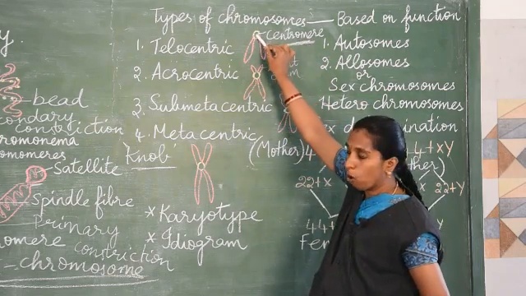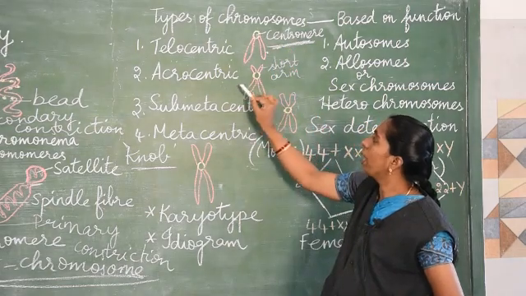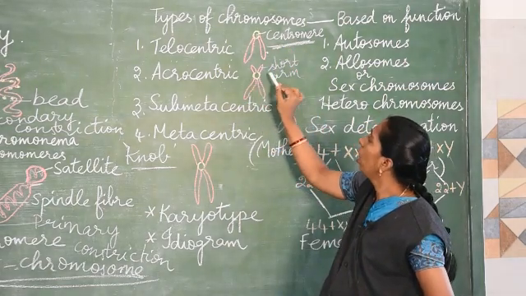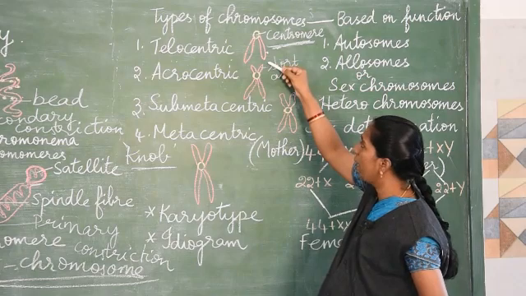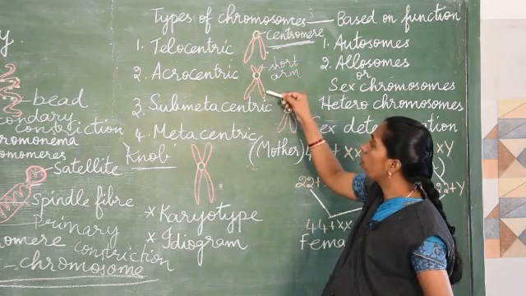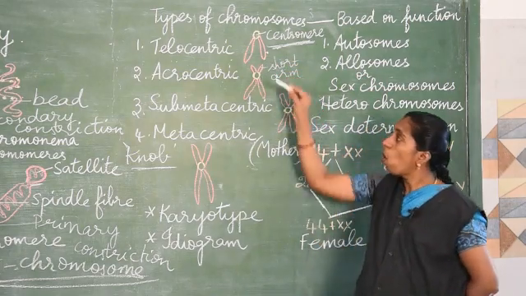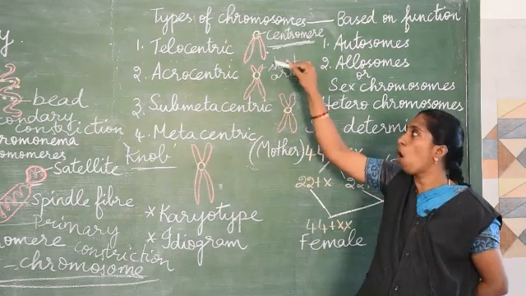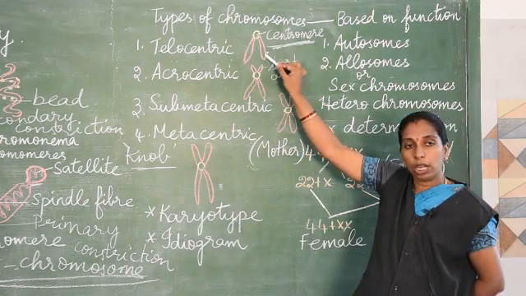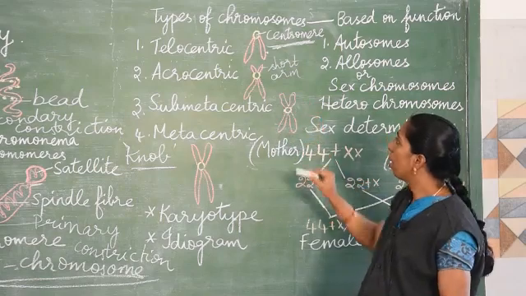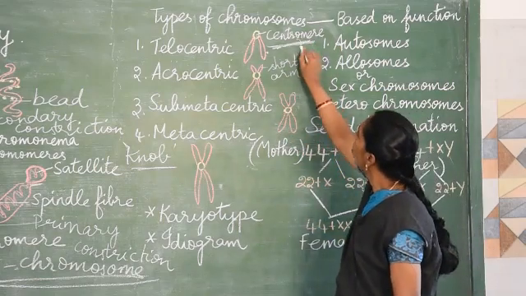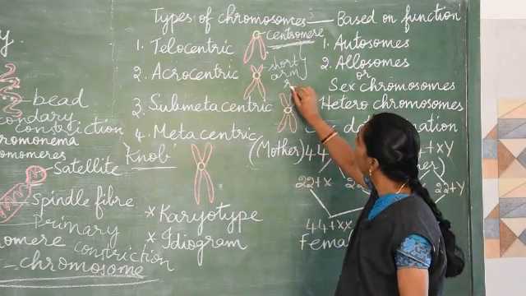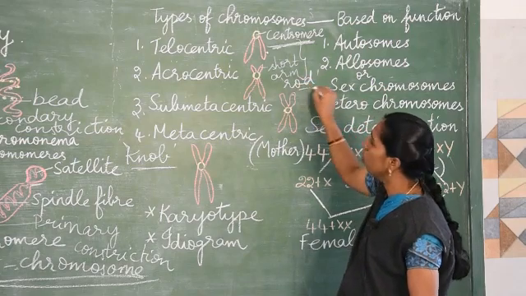The centromere is found near the proximal end, with a short arm on one side and the long arm of the chromosome on the other side. Telocentric and acrocentric chromosomes are both rod-shaped chromosomes.